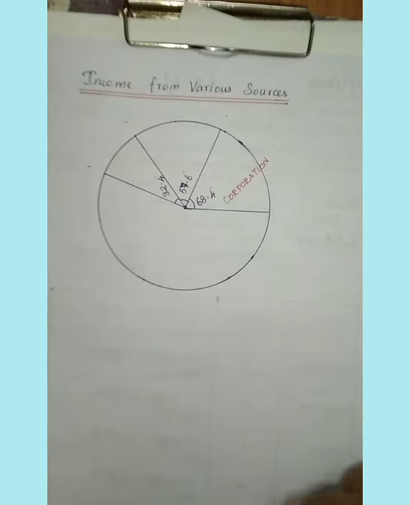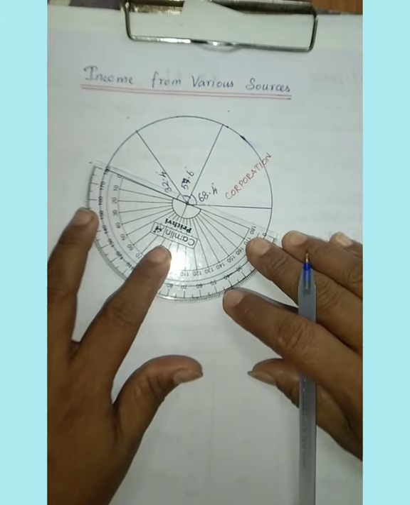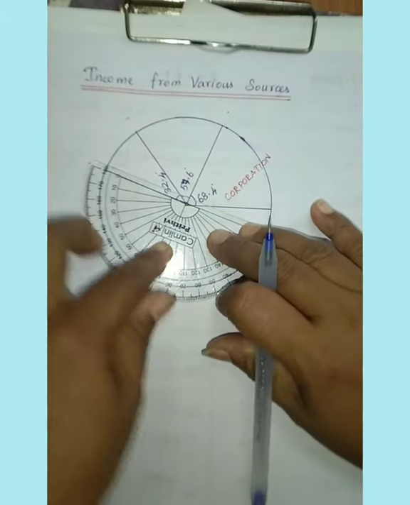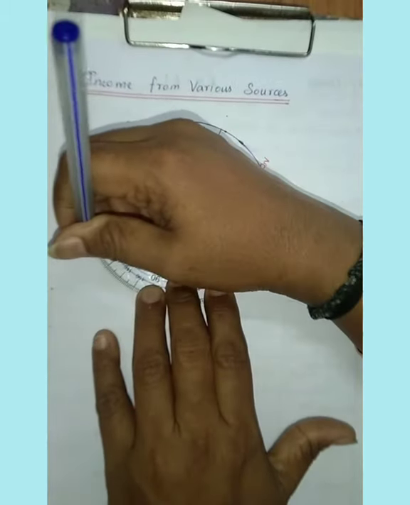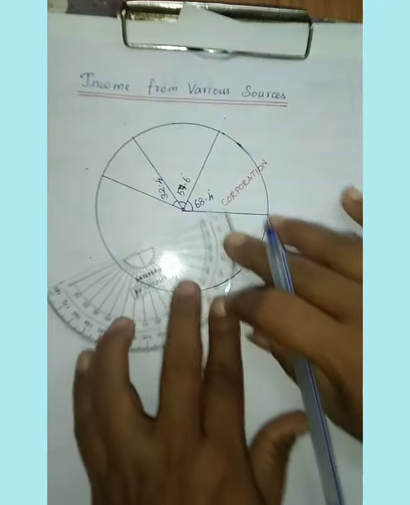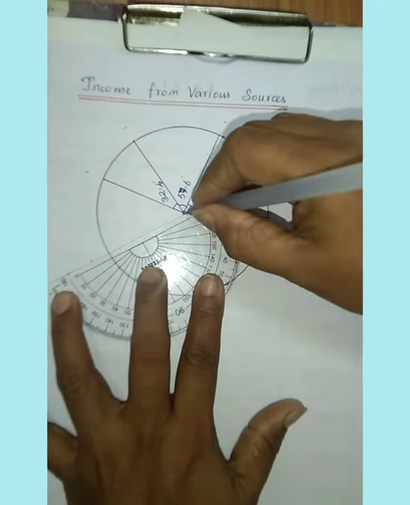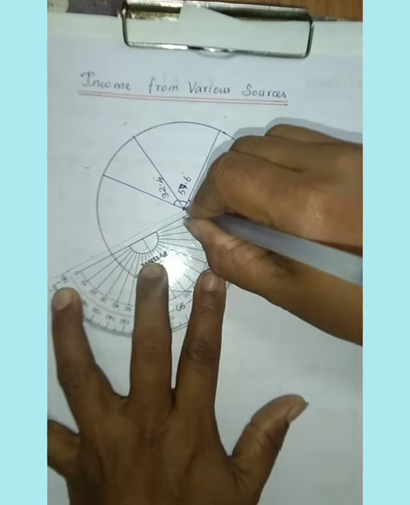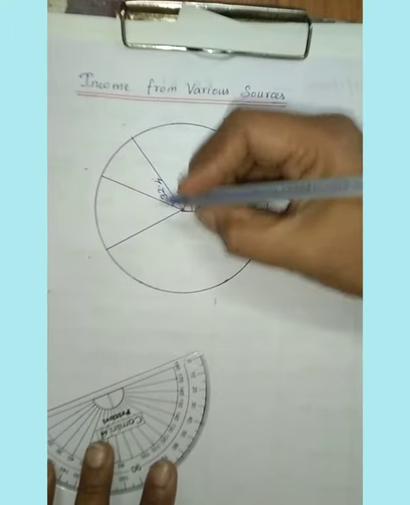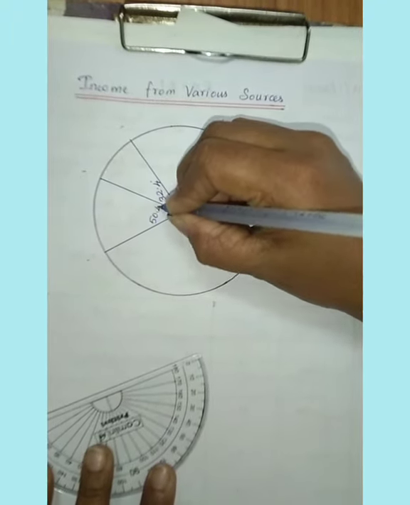Then fourth angle is 50.4. So place the protractor on newly drawn line. 50.4. So take exactly 50 degree. So we can write 50.4 degree.